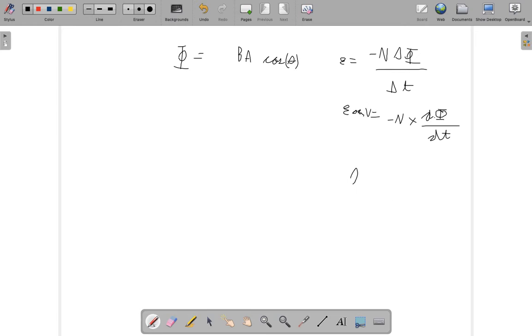Now we know that theta equals angular frequency, omega, times time. So let's substitute that into our flux equation.